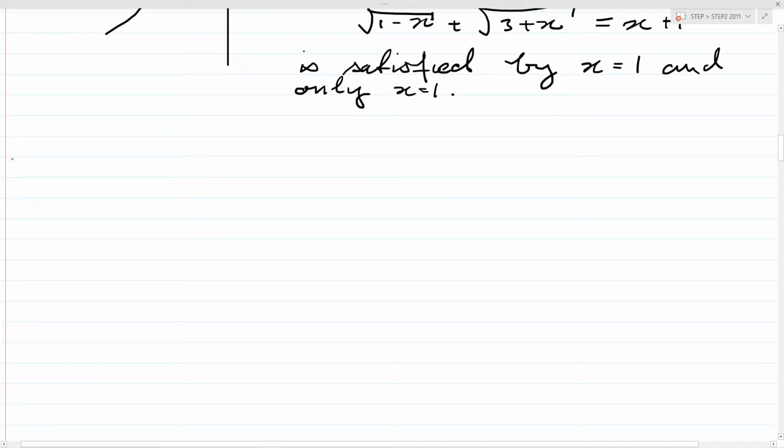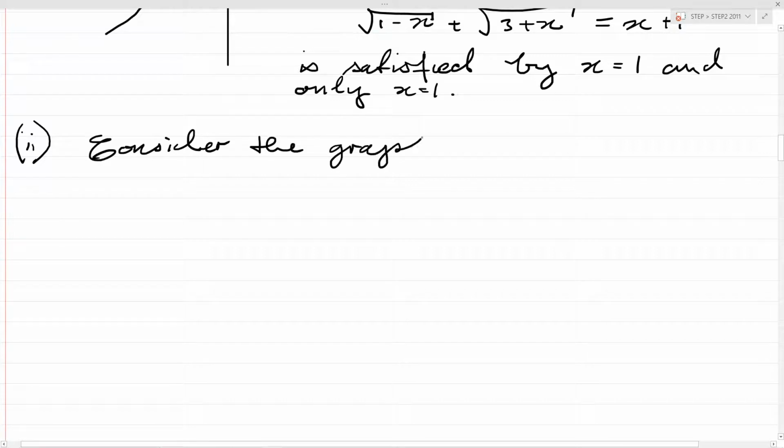Okay, good. Let's have a look at question 2. So what we're going to say is consider the graph y equals, well, we're going to consider the square root of 3 plus x first, plus the square root of 3 minus x. We did this first before, so it seems to make logical sense to consider this one.